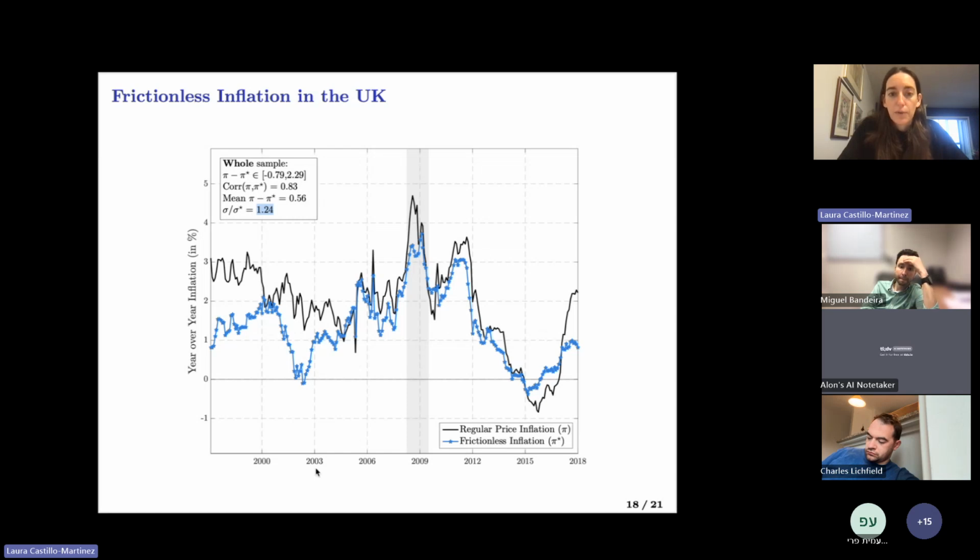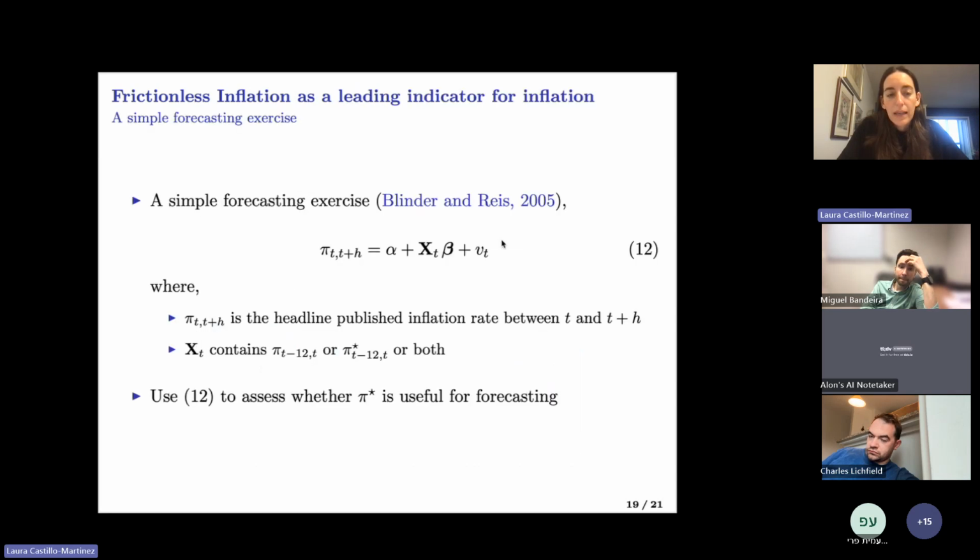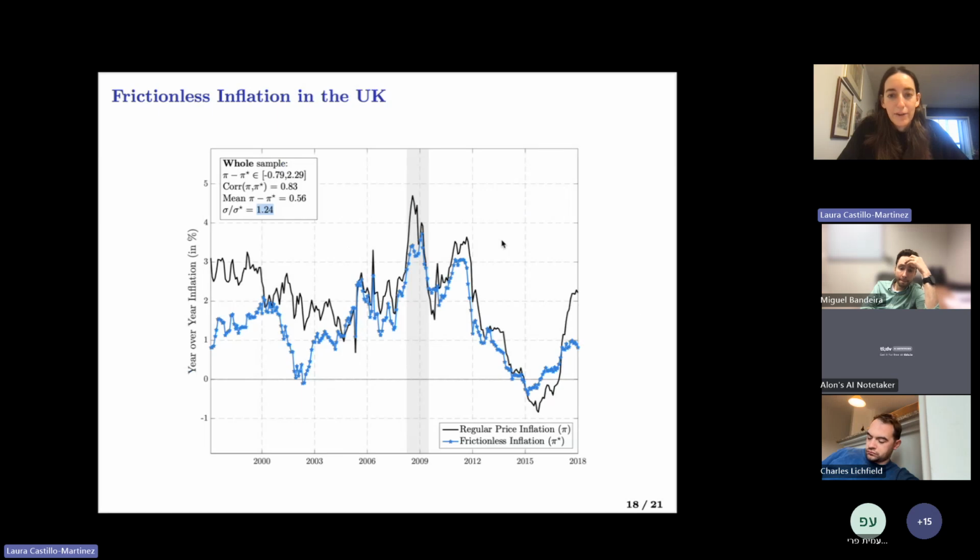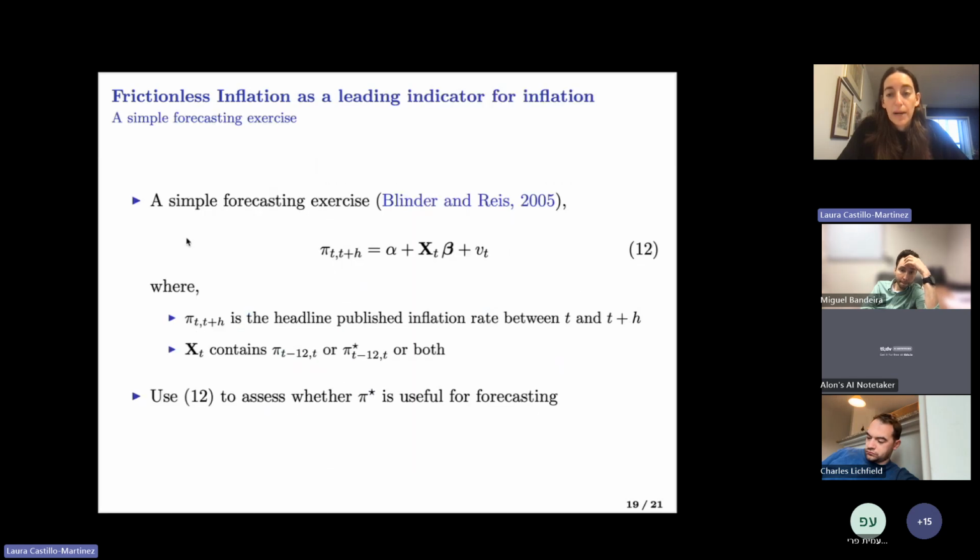Let's test for this more formally. Instead of asking you to believe what I'm saying, we're going to be borrowing a simple forecasting exercise from Blinder and Rice back in 2005. In this paper, they argue that core inflation is a leading indicator for actual inflation. So we're going to borrow their setup to argue that frictionless inflation is a good leading indicator of actual inflation.